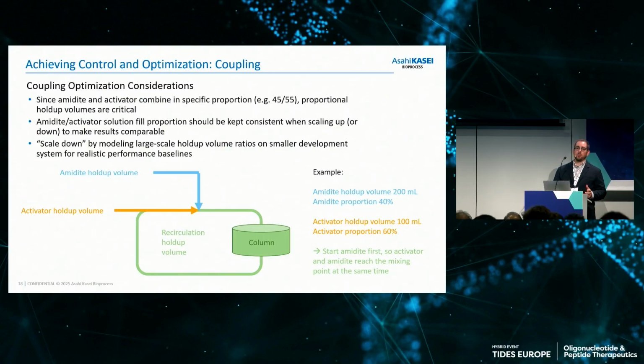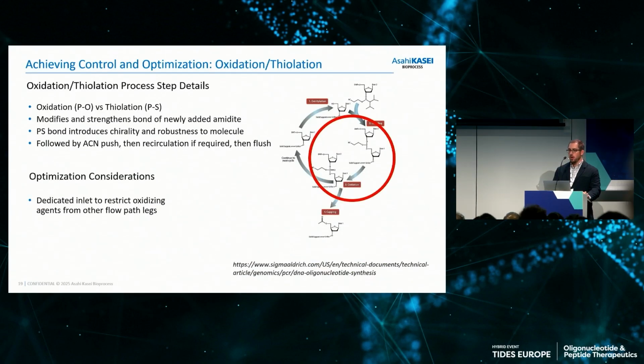And that is to take the holdup volumes that are present on your production scale system, which due to instrumentation and bend radii and line size and so forth, are generally larger than at development scale, and replicate those proportional holdup volumes on your smaller scale synthesizer, potentially by adding extra holdup volume to the loop, an extra piping length, and make them more comparable. And that way, the results become much more comparable between the two scales when you're comparing your final yields.